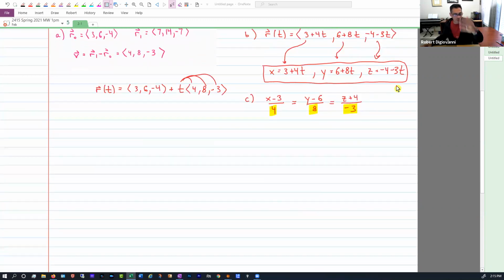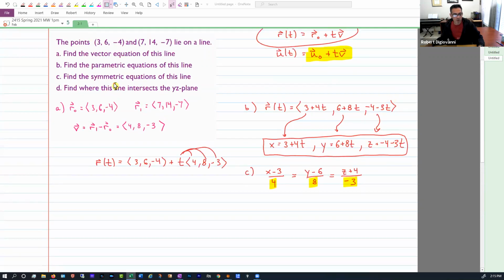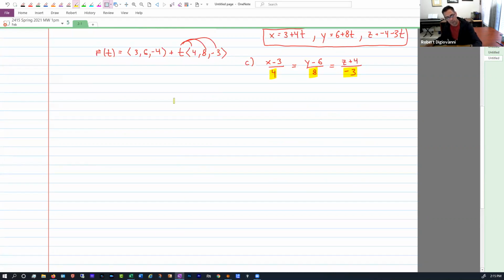Now, I'm going to let you think about it while I'm having everybody think about this. We started out with two points. We have now come up with the vector equation, parametric equation, and symmetric equations for this line. And now the question is, where does this line hit the YZ plane?